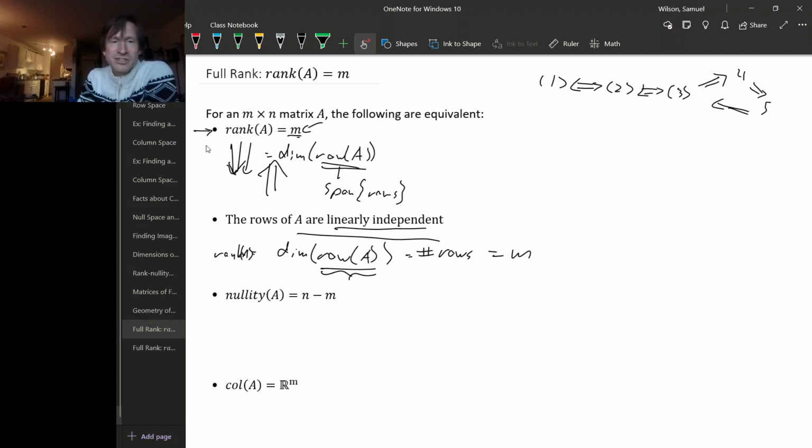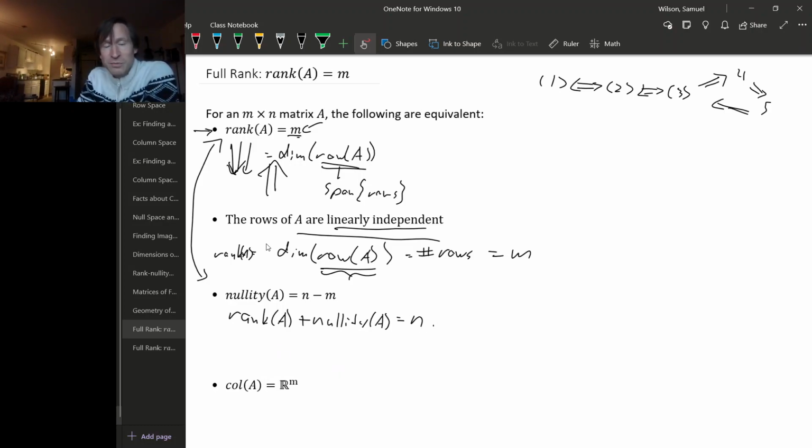Now let's show that rank being m is equivalent to the nullity being n minus m. Remember, the rank nullity theorem is true for every matrix. That has nothing to do with being of full rank. The rank nullity theorem says the rank of A plus the nullity of A is n.